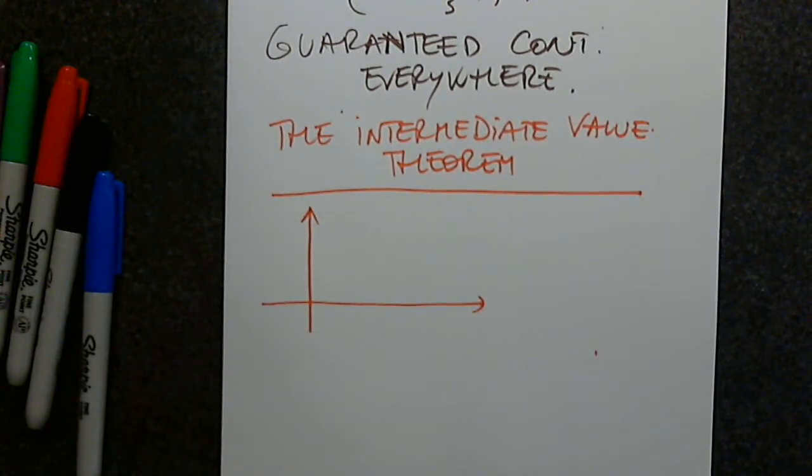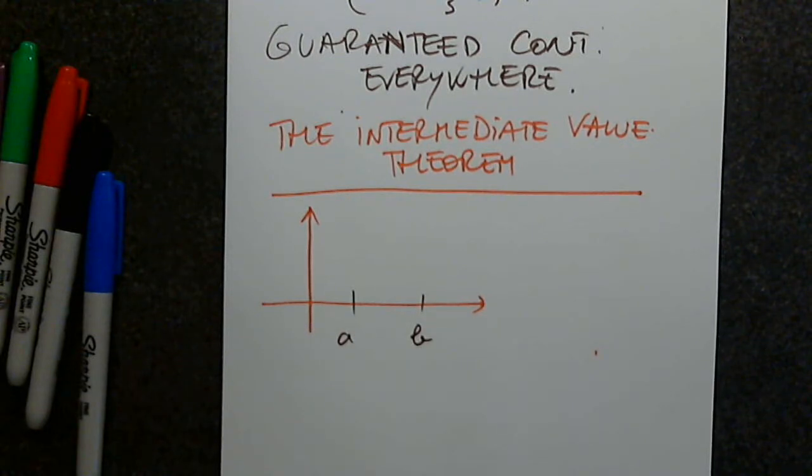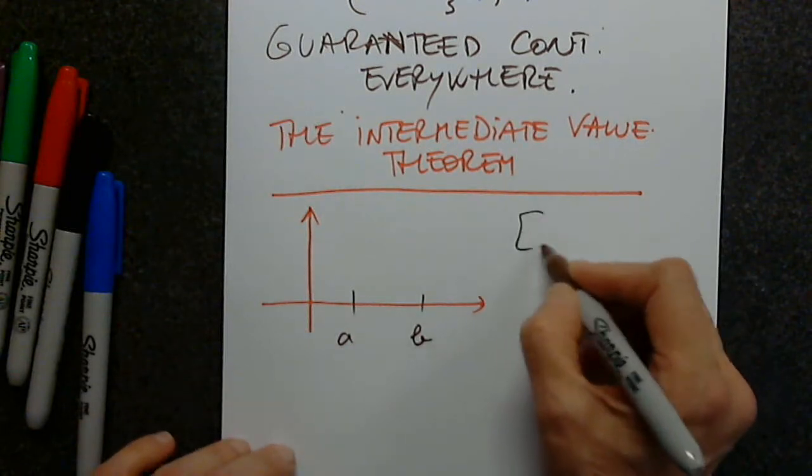Let's suppose we are looking at a function on the closed interval a comma b.